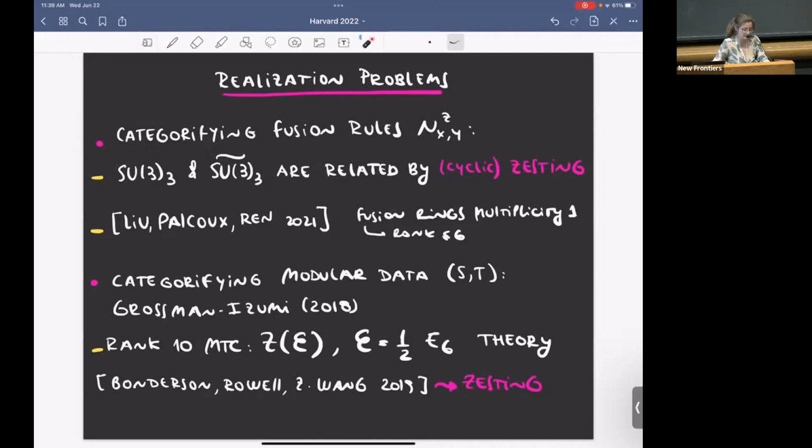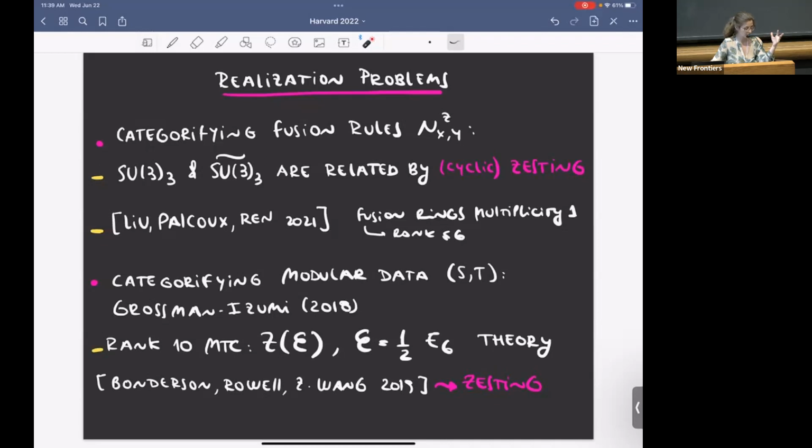And in 2018, Pinhas Grossman and Masaki Izumi presented a lot of families of S and T matrices of modular data. And the question was, do they come from some modular category or not? Specifically, there were some rank 10 modular tensor categories that they knew didn't come from centers, but in work of Bonderson, Rowell, and Shenghan Wang, they showed that the families could all be recovered.